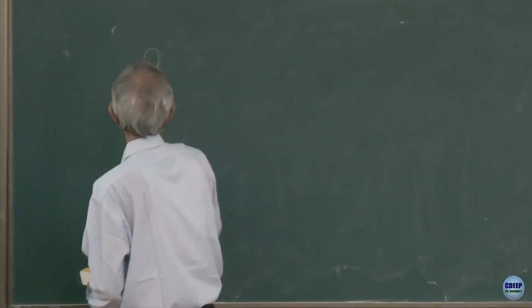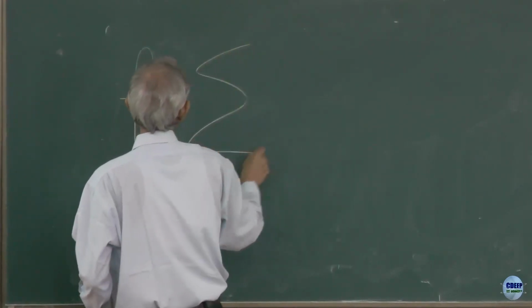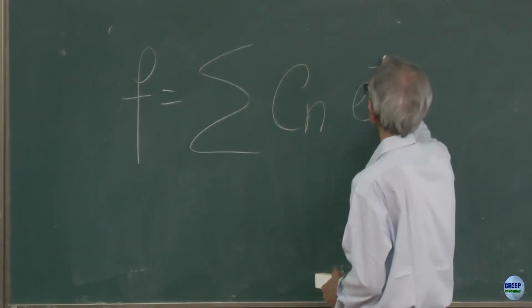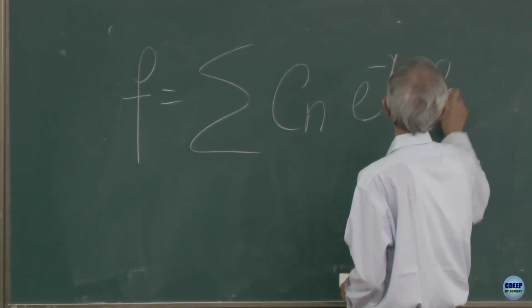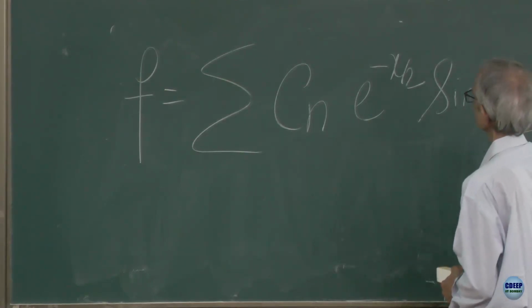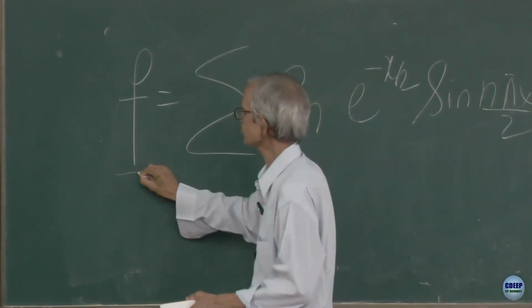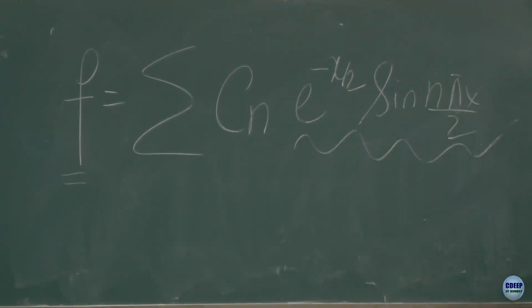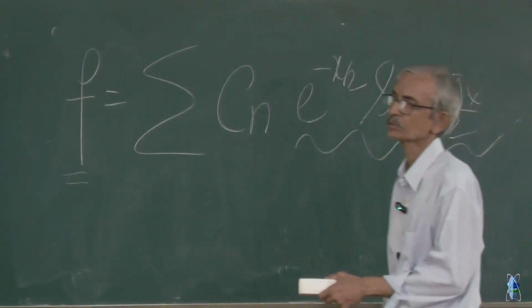So any function f is equal to summation of Cn e to the minus x by 2 sine of n pi x by 2. Okay. Any function here, and these are the eigenfunctions that are orthogonal to each other.